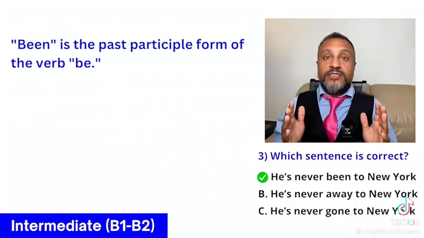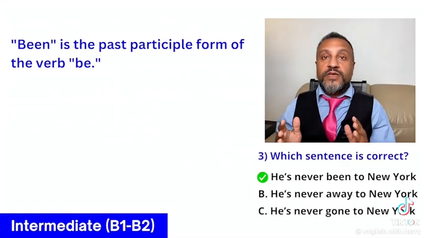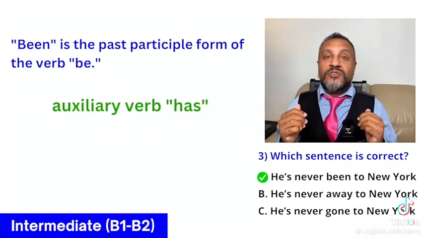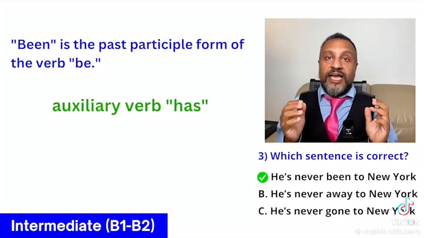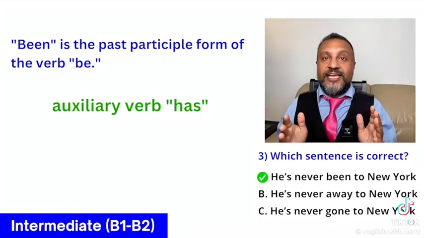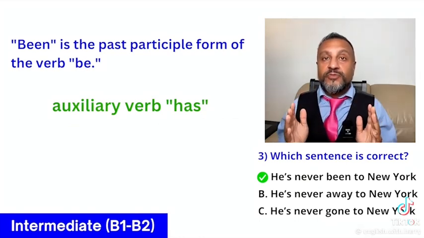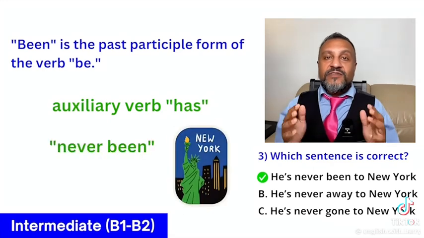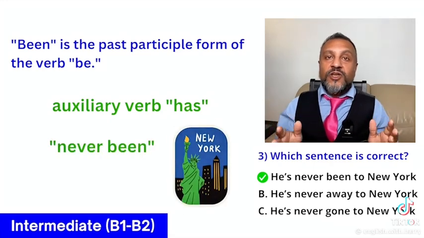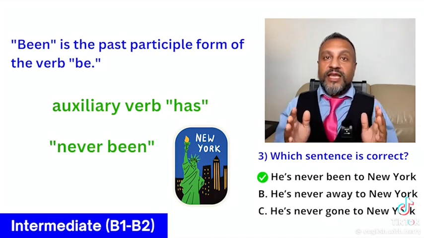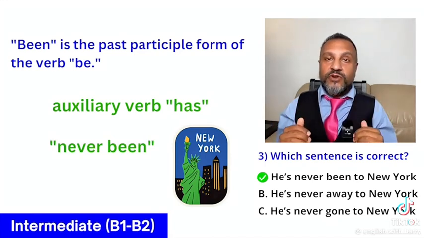Been is the past participle form of the verb be. In the present perfect tense, it is used with the auxiliary verb has to indicate an action that has started in the past and has relevance to the present moment. Never been indicates the action of visiting New York has not happened at any time up to the present.